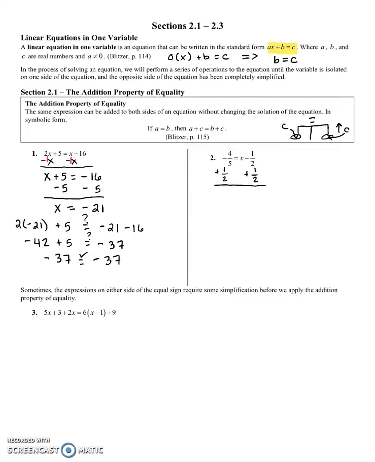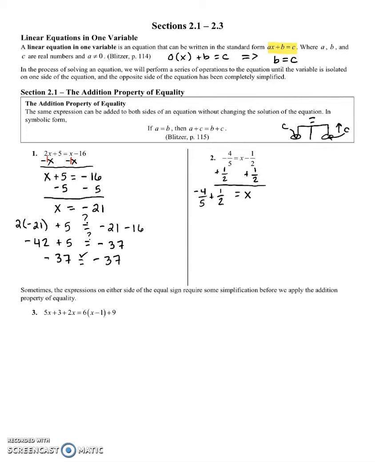When we do that, the -1/2 plus 1/2 cancel each other out, and we're left with x on the right-hand side, and we have -4/5 plus 1/2 on the left-hand side.